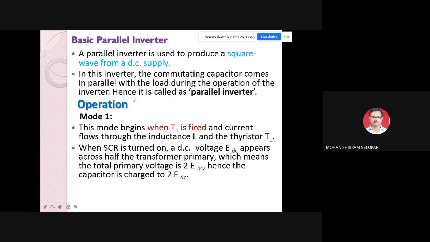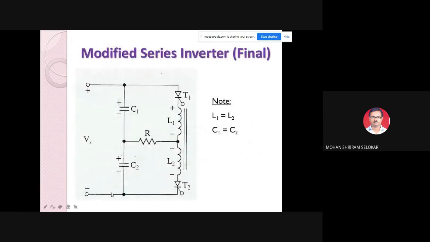And here also the voltage across the capacitor will be Vs by 2. Is it okay, students? Are you agree with this? Yes, sir. Because my applied voltage is Vs by 2. Okay. Fine.